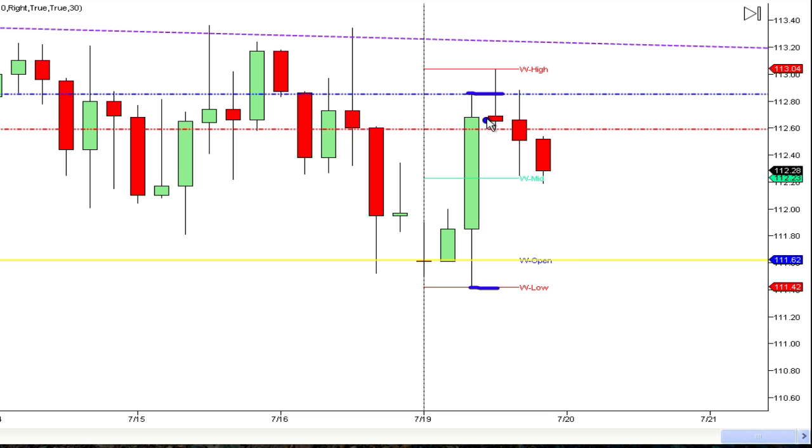Whichever trade triggers first, the opposite one will get cancelled. In this instance, the long trade triggered first on this bar, so that triggered, and then on the completion of the following bar, which would have been this bar, because it was a bearish bar, I then managed my stop from the low there to the low of that completed bearish bar.